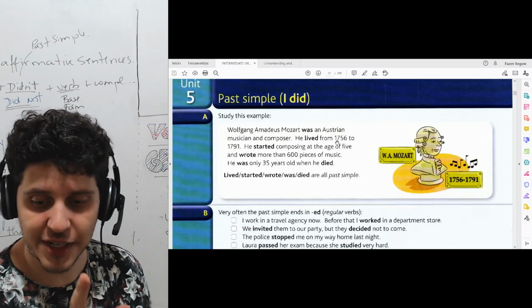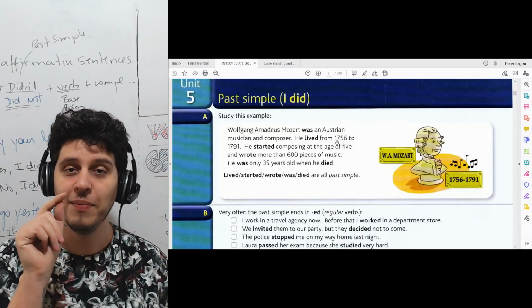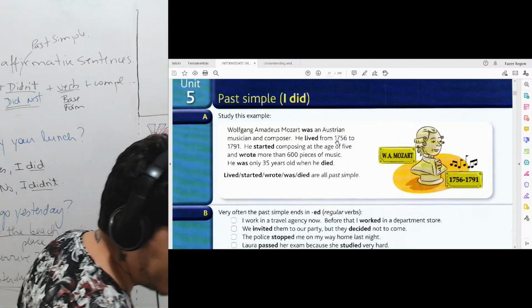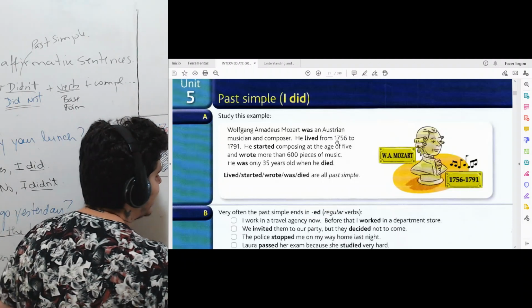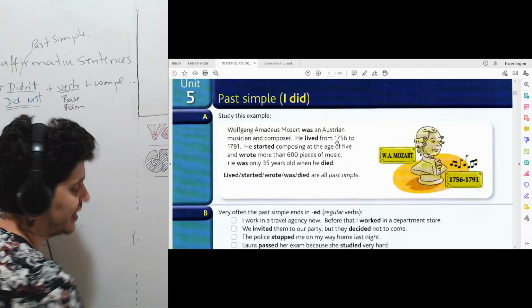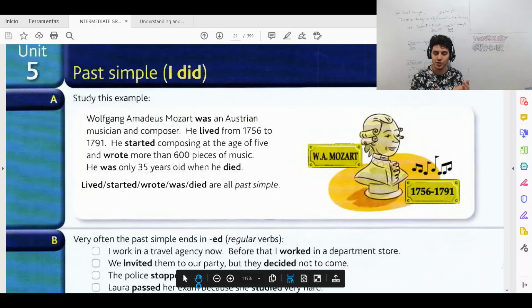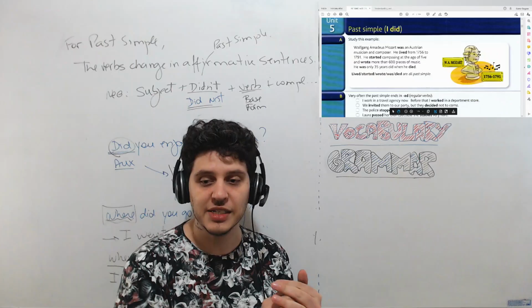But look, what called my attention over here is this 600 pieces of music. Maybe it's something that I can teach you today, just briefly, that we use pieces of.